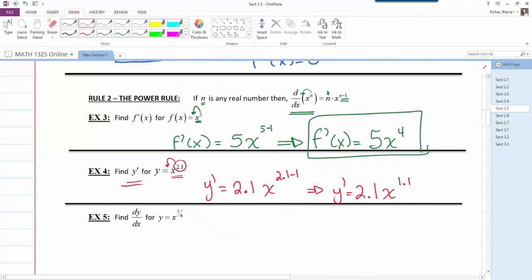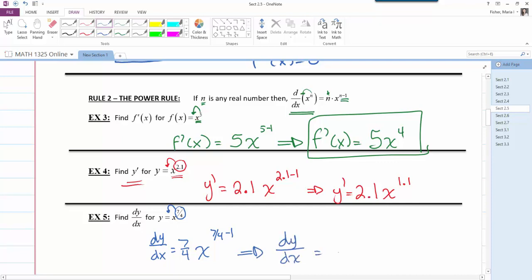Find dy dx for y equals x to the 7/4. So dy dx is going to equal, again, that 7/4 becomes a constant multiplier, so 7/4 x to whatever 7/4 minus 1 is. And again, you can use your calculator for that.